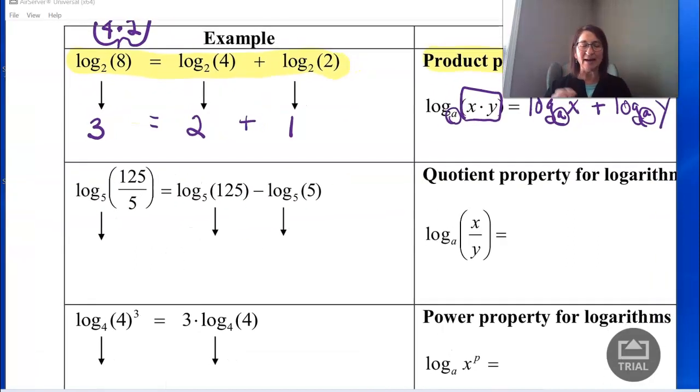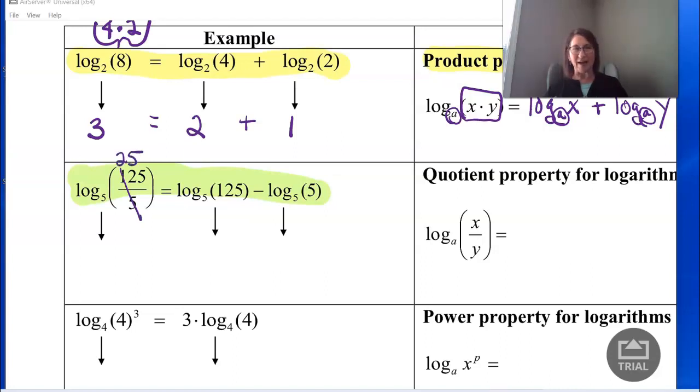Now let's look at a quotient. Here's an example. Log base 5 of 125 over 5. Well, let's just simplify this. 125 over 5 is going to be 25.